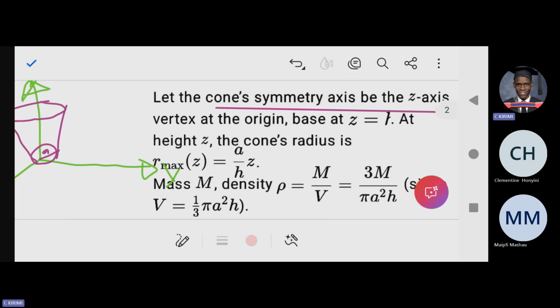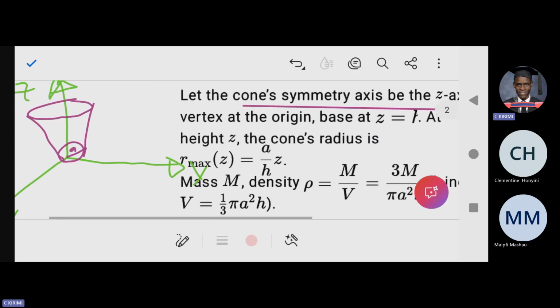the cone's radius, which means the radius at height z, the cone's radius is given by what? The function r of z is equal to a over h times z.